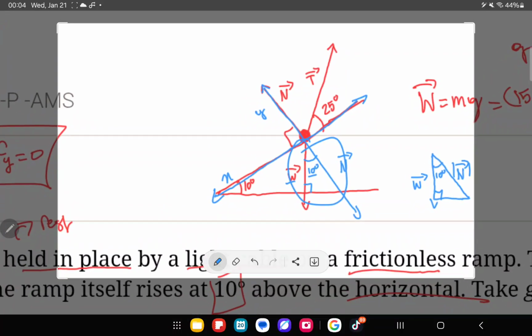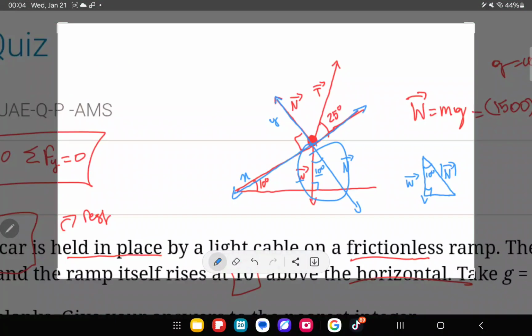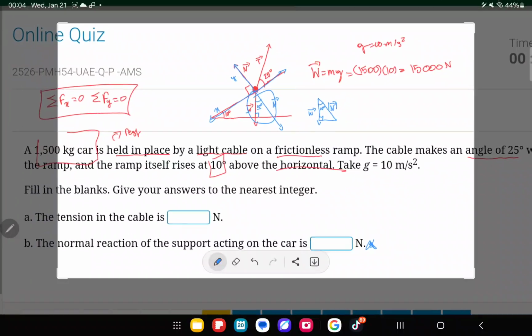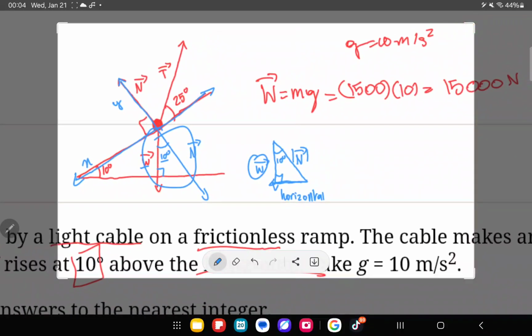Instead, I was actually meant to find the horizontal component over here. But look, no, actually, let's continue. We have here this weight, and over here, as you can see, is the horizontal component.